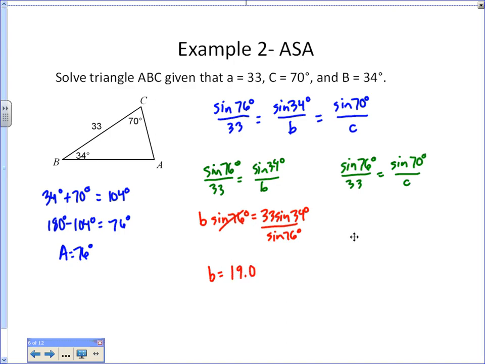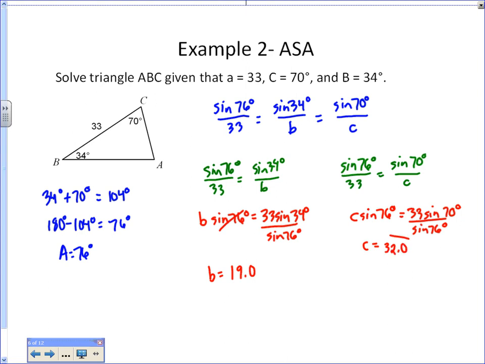Okay, and then part C, I would say C sine 76 equals 33 sine 70 degrees. So C equals, because I'm going to divide by sine 76 over here, 33 sine 70, enter, divided by sine 76, enter, gives me 31.9591874, so that rounds to 32.0.